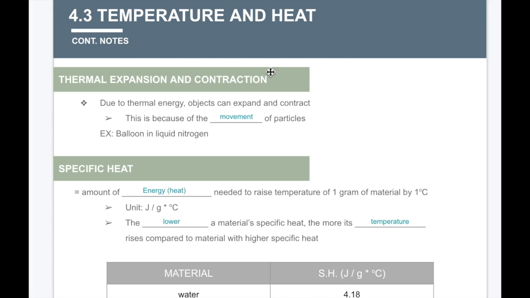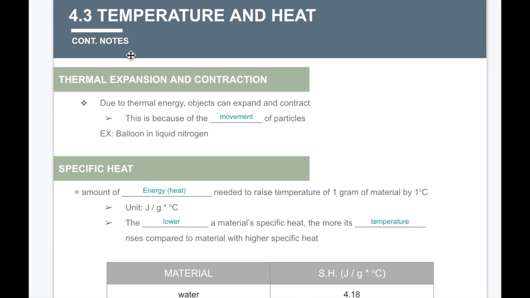The balloon contracted because the particles cooled down, they slowed down, they weren't able to press out the barrier of the balloon. Then we saw it expand back out once the particles started warming up and moving more freely. With more energy, they were able to expand out the balloon.